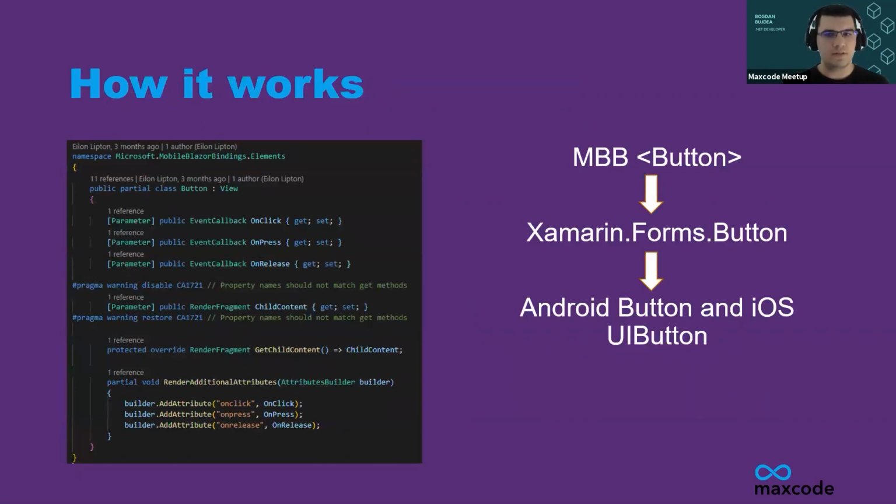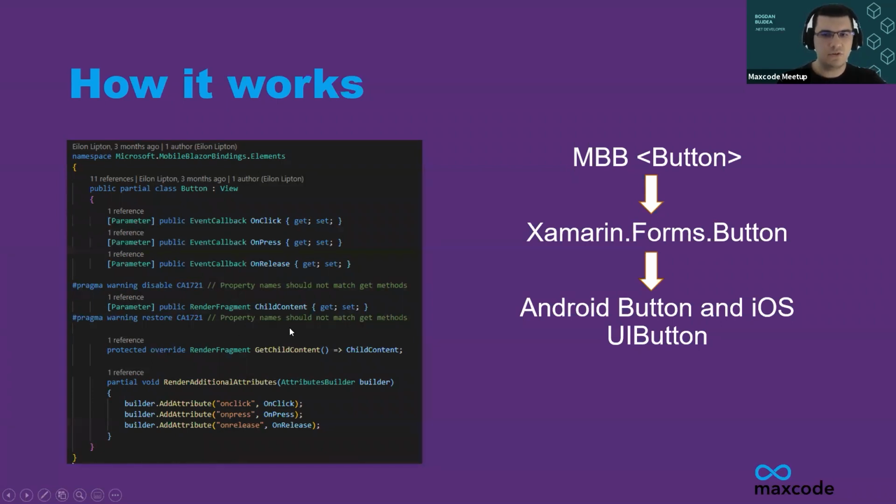Okay, how it works. So I said that the bindings are essentially wrappers over Xamarin Forms elements. Okay, so this means that if you take a button in mobile Blazor bindings, it's actually a wrapper for the Xamarin Forms button. And this is a piece of code from the mobile Blazor bindings core project. If you already did Blazor, you recognize the parameter, the syntax.